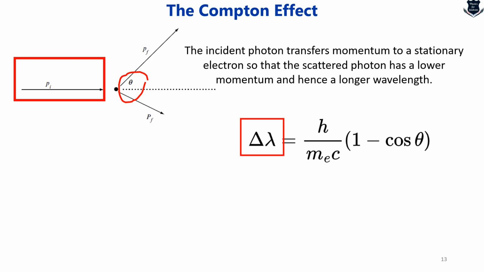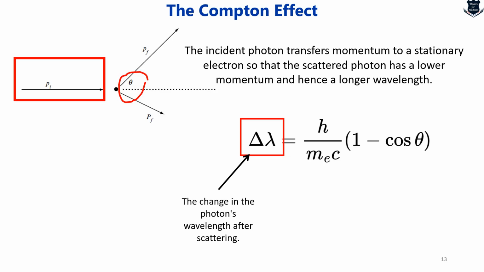First, what do we mean by this delta lambda? This is the change in the photon's wavelength due to the scattering. There are two things to keep in mind: the photon's behavior before the scattering, and after hitting the electron.